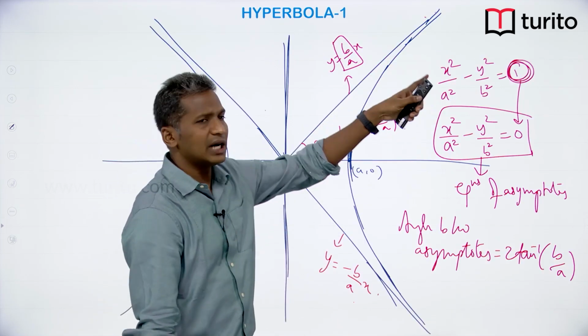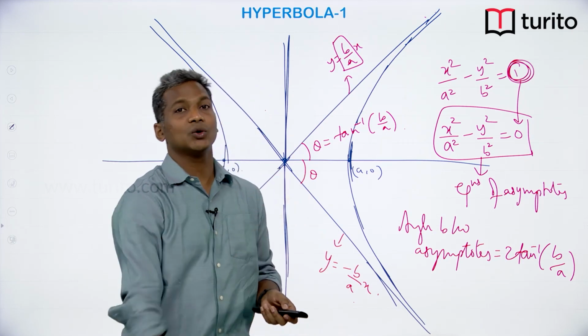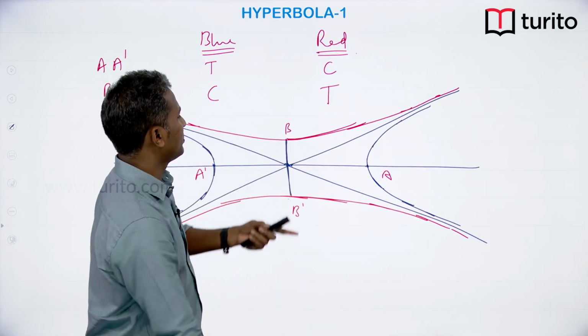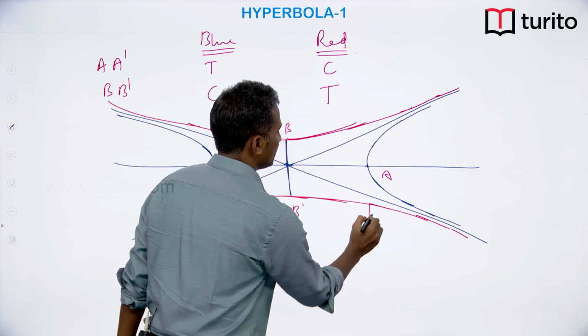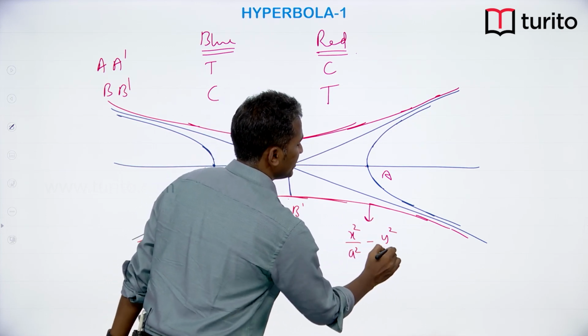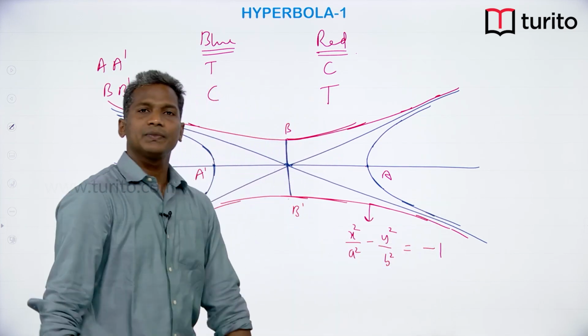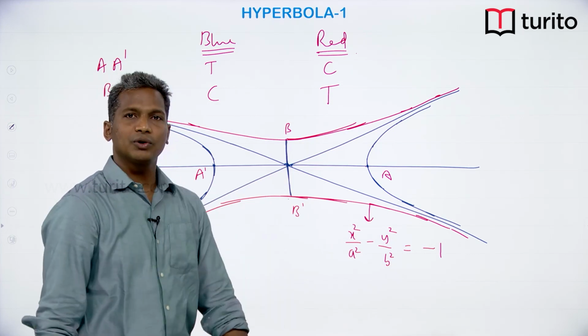Now, in place of that 1, if I put minus 1, I will get the equation of the conjugate hyperbola. For example, the equation of this red hyperbola will become x square by a square minus y square by b square equal to, in place of 1, minus 1. So, it becomes my equation of the conjugate.